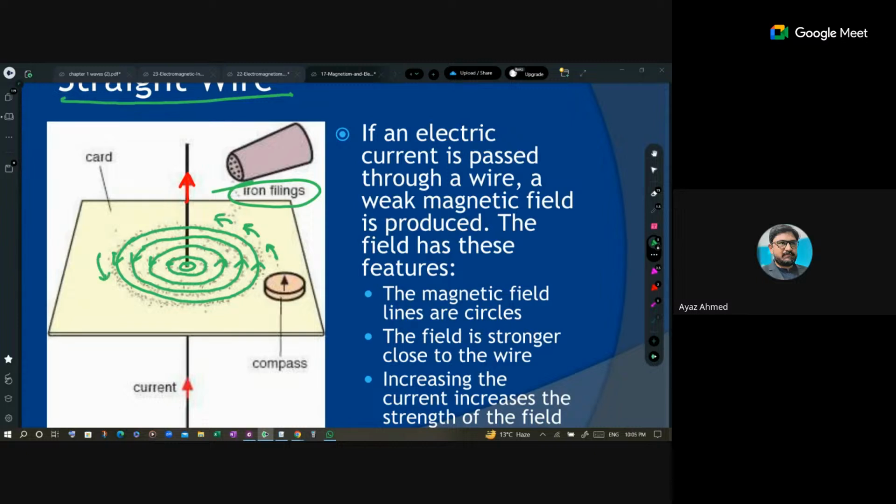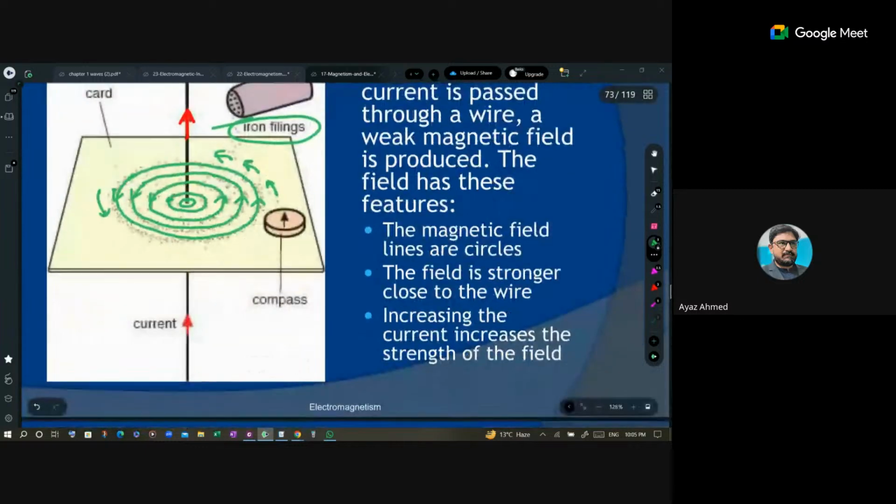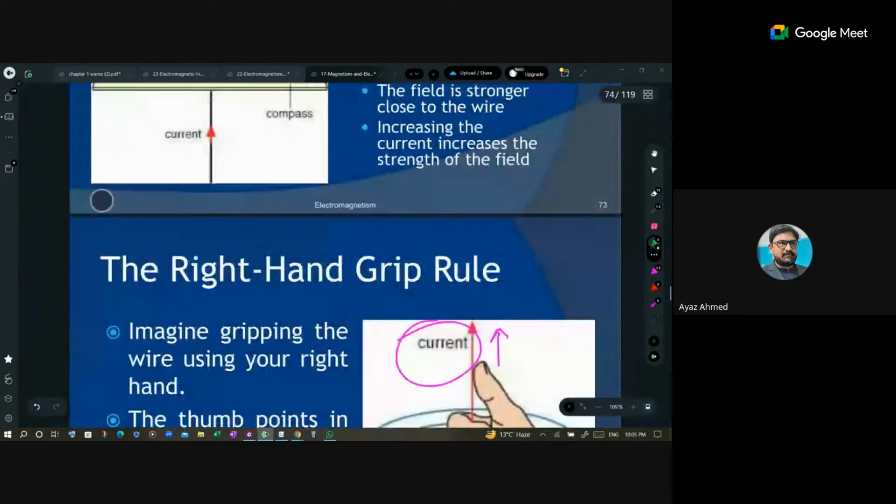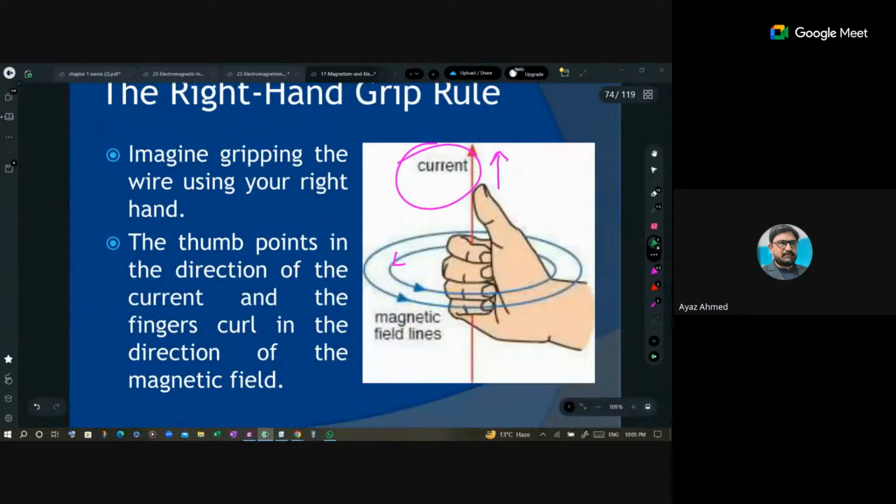So with the help of this, we came to a conclusion that if we grip the wire in such a way that the direction of current is in the direction of our thumb, then the curling of fingers would be basically pointing the direction of your magnetic field. Is it clear? So if you grasp the wire in the direction of current, right?